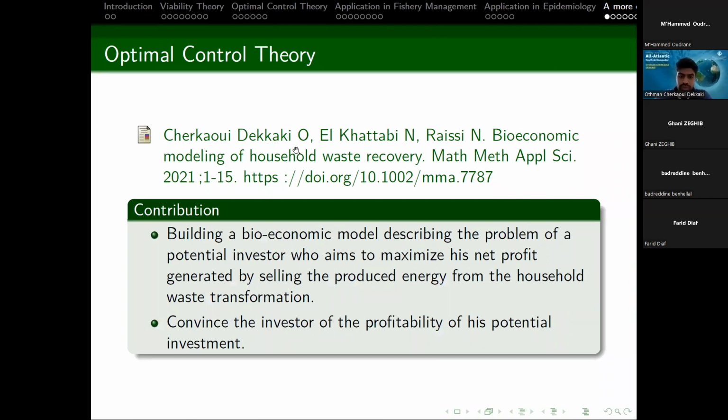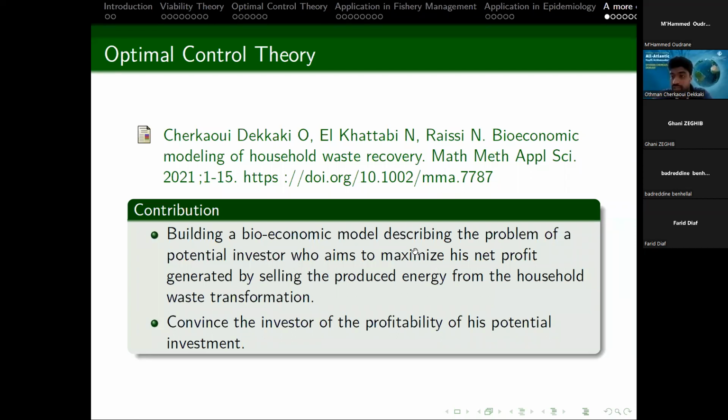So, this was an article published in 2021. It's about building a bioeconomic model describing an investor who wants to make money by transforming waste into energy. This is something very recent. People are leaning toward it because of climate change and the growing need for energy, because we need to understand that energy cannot always come from fossil fuel, meaning petrol or gas.